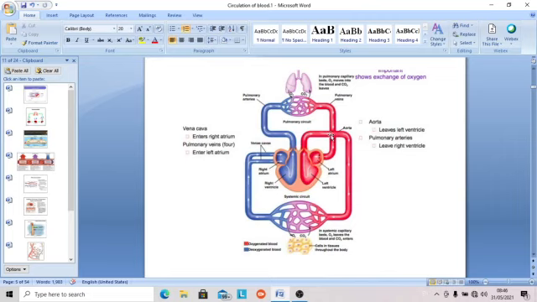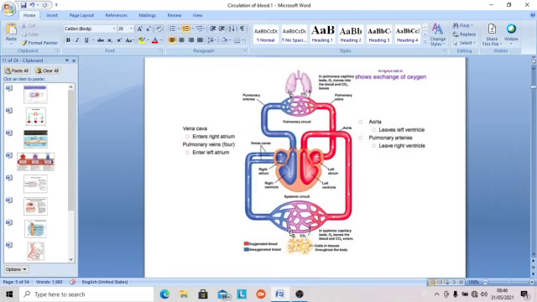Blood will go to the aorta and then the descending aorta to the systemic arteries, then the arterioles and then the capillary bed. In the capillary beds, oxygen is given to the tissues and CO2 is taken back.